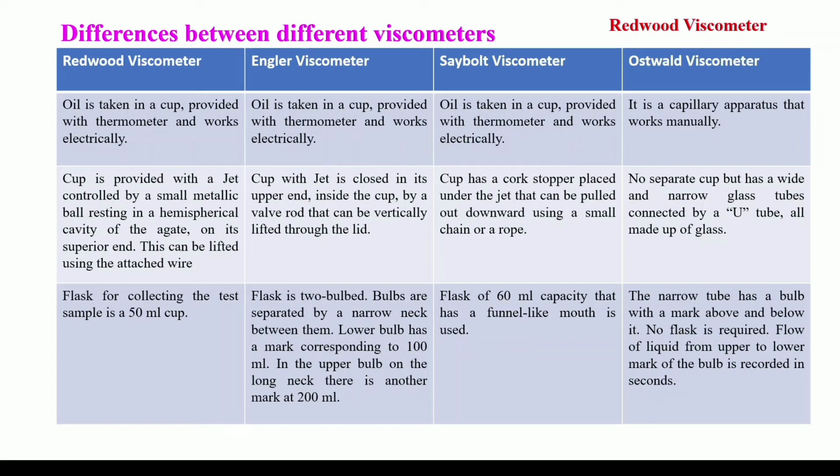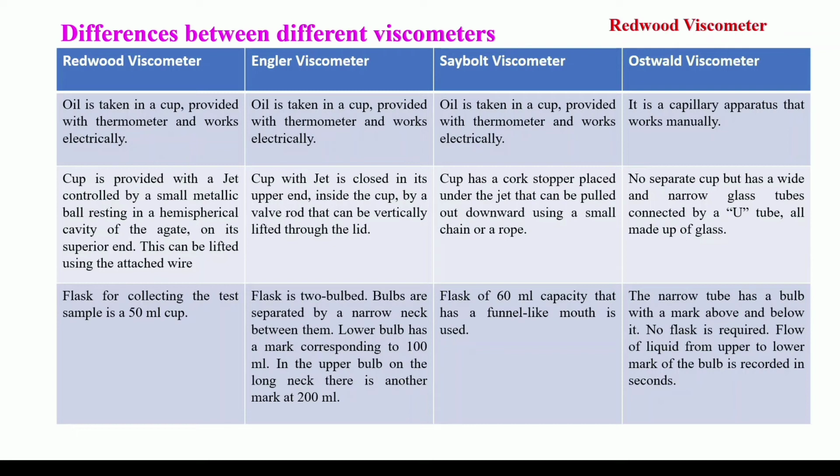So the oil is heated electrically using a water bath in all these three. But in the Ostwald viscometer, there is no brass cup. The viscometer itself is made up of glass and no thermometer is provided. It works manually.